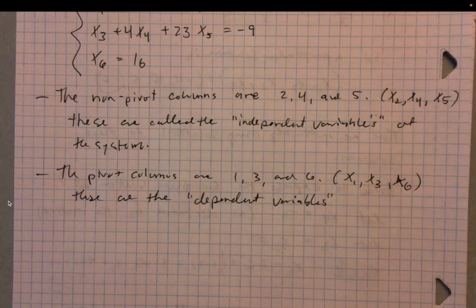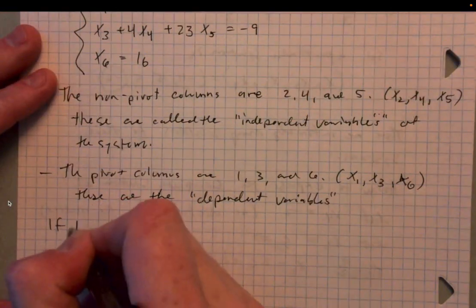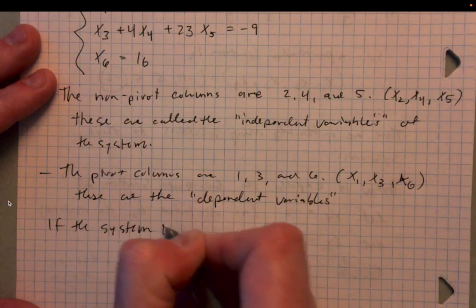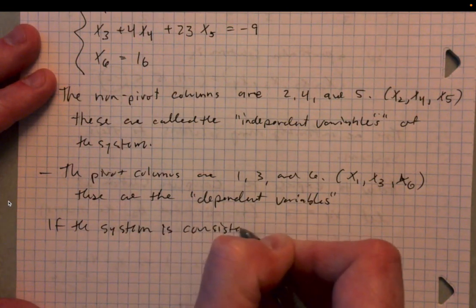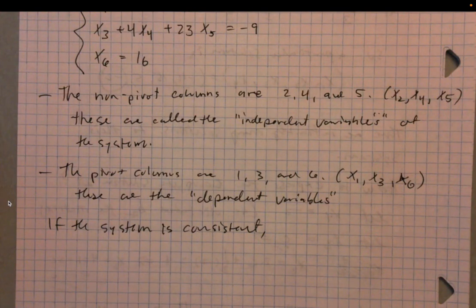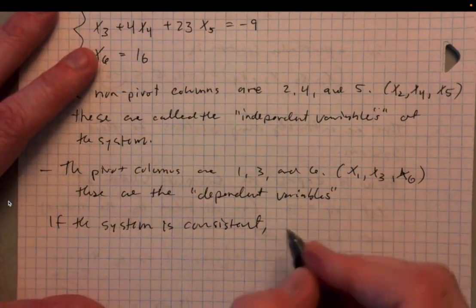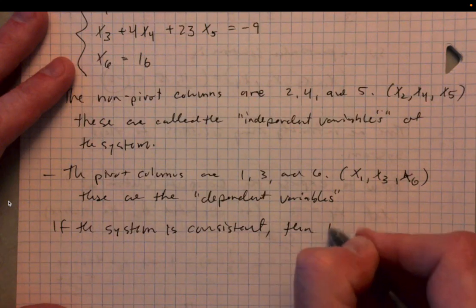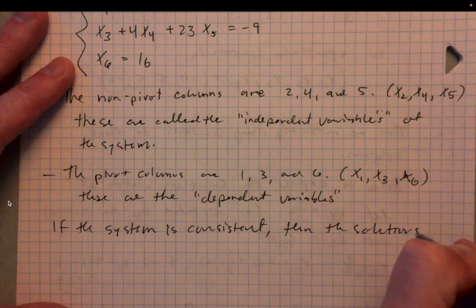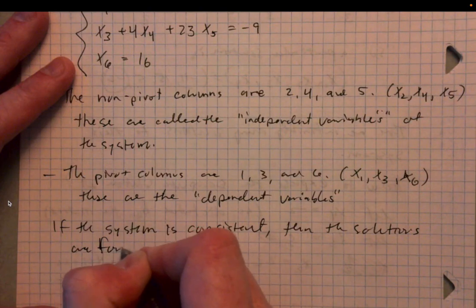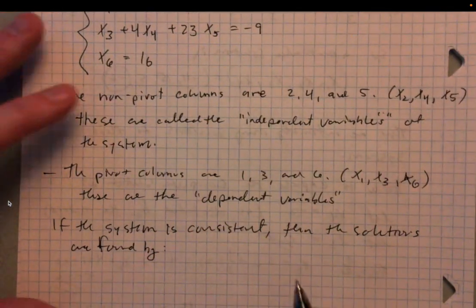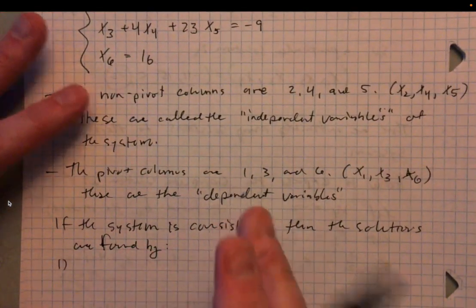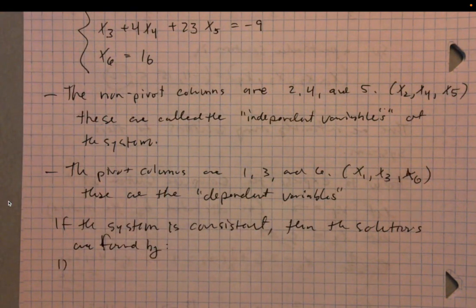So if the system is consistent, that's the first part, then the solutions are found by doing the following. The first thing is letting any independent variable take on any real value.